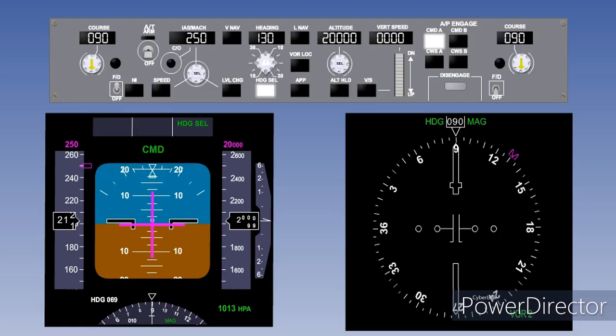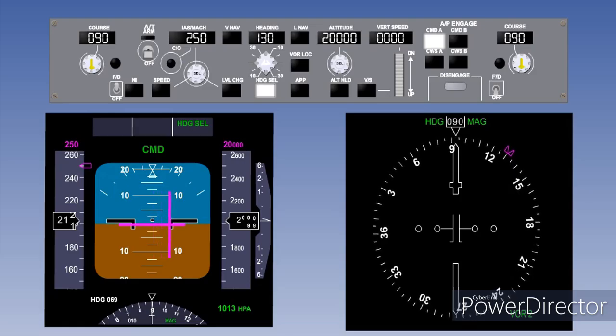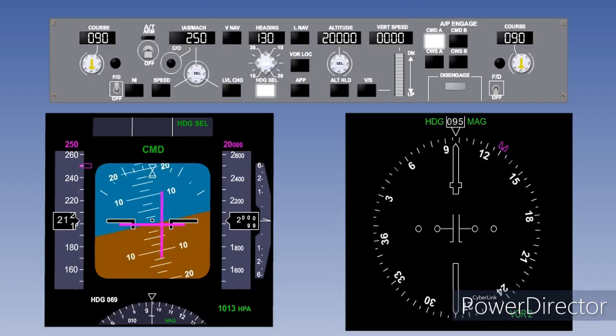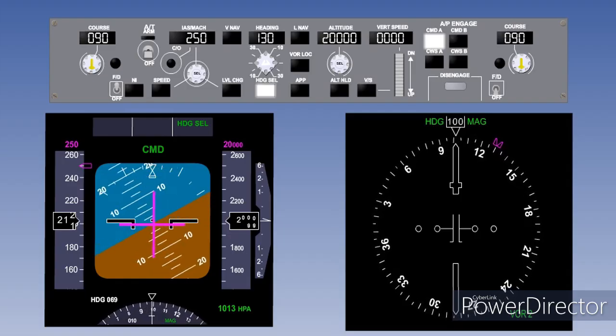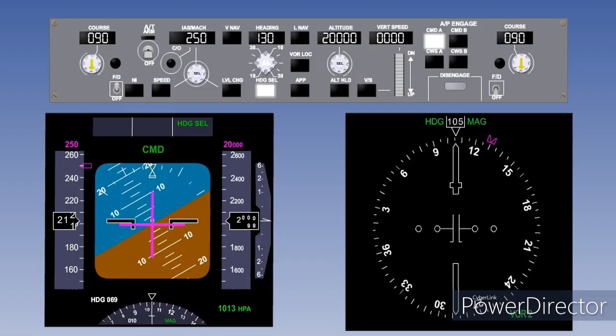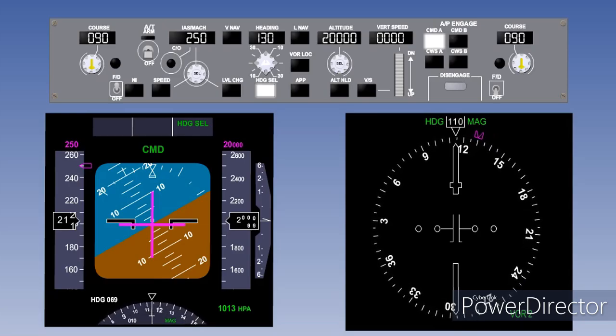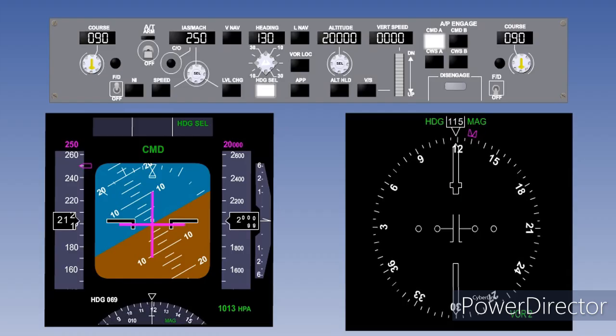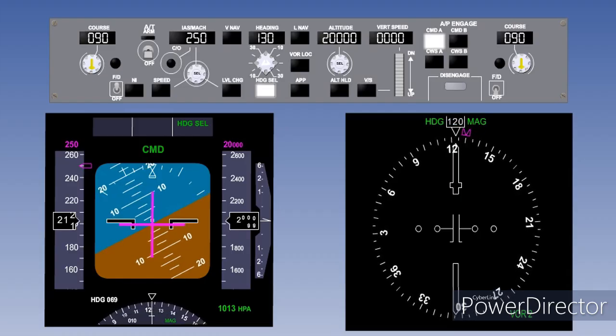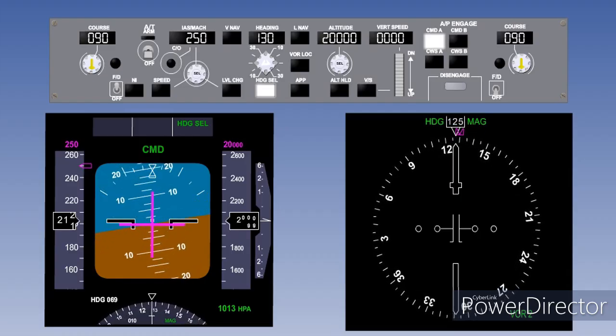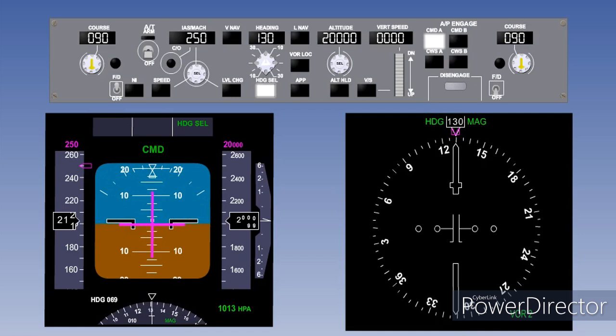The computer will calculate the heading error and roll the aircraft into a right bank to maintain the limiting bank angle as the aircraft turns. As the heading error reduces, the computer will start to roll the aircraft back towards wings level. The aircraft rolls out on the selected heading of 130, with the heading bug aligned with the current heading on the compass display.